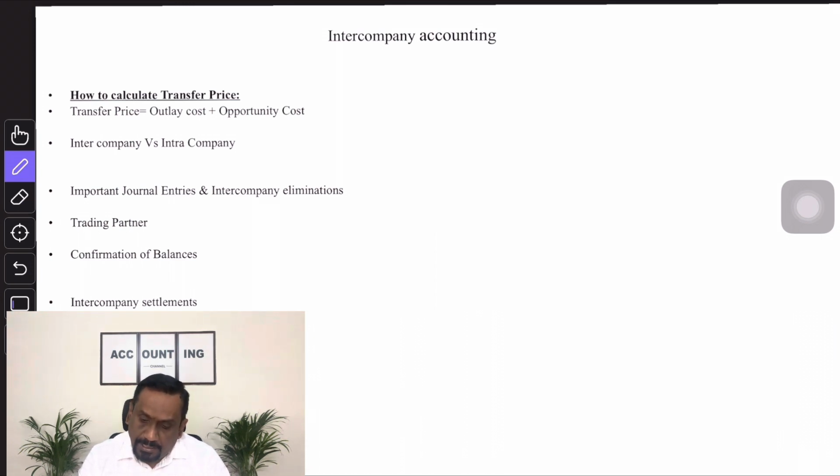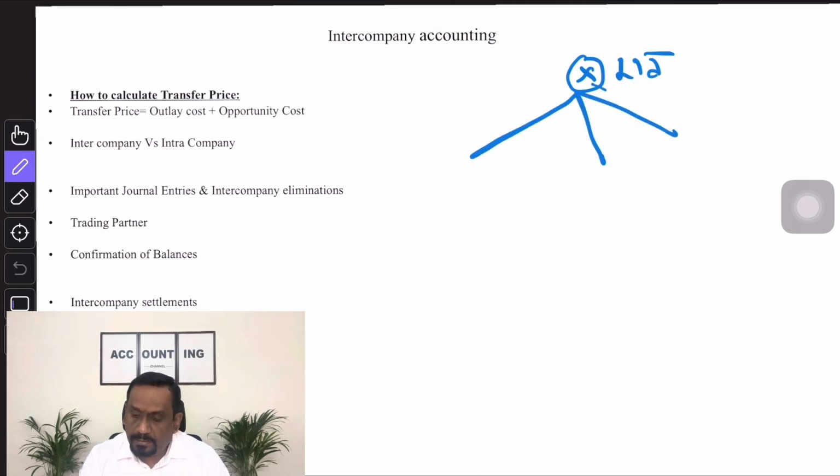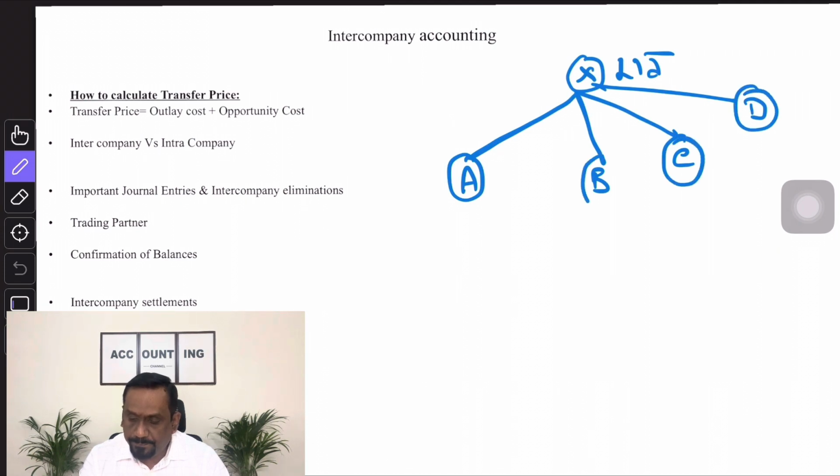There will be a parent company. I said X Limited will be a parent company. It has 4 subsidiaries: Subsidiary A, B, C and D. These are the subsidiary companies. X Limited invested more than 50% of the capital in these A, B, C, D entities.